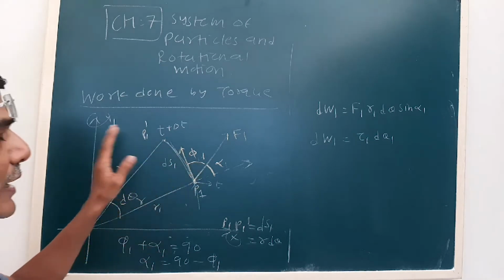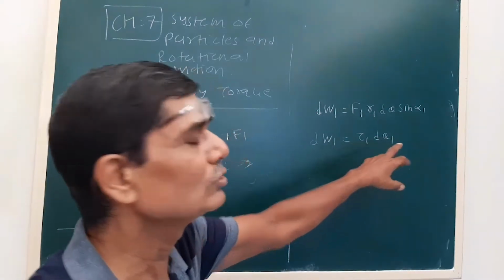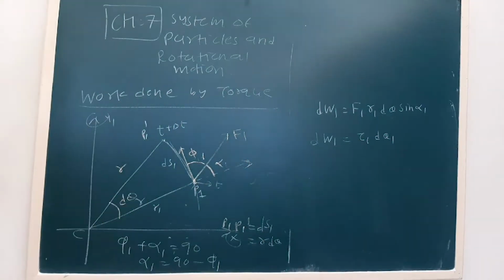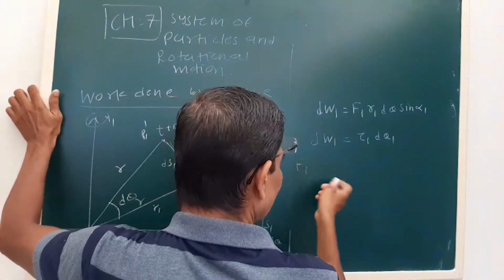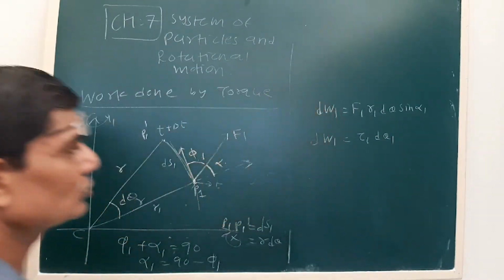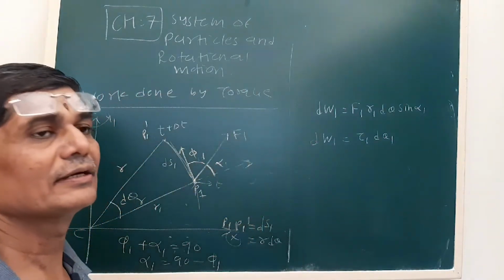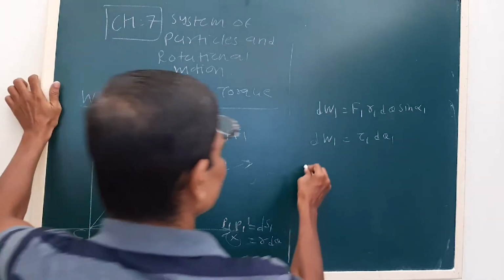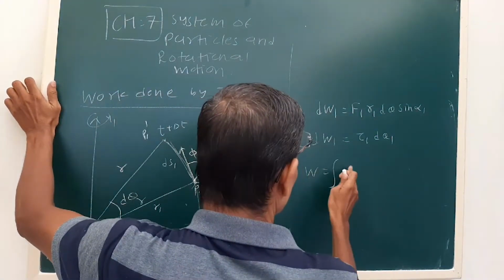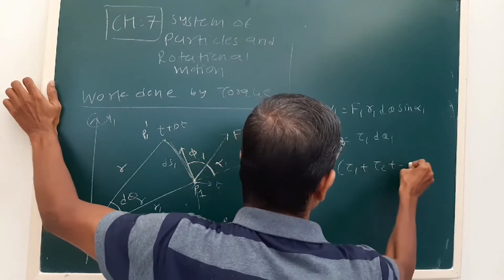Now we can have a number of forces. So the work done is torque into angular displacement. Similarly, for the total work done, let the forces be F1, F2, up to Fn. If we can obtain the total torque, the total work done also we can obtain. So the total work done W will be tau 1 plus tau 2 and so on.